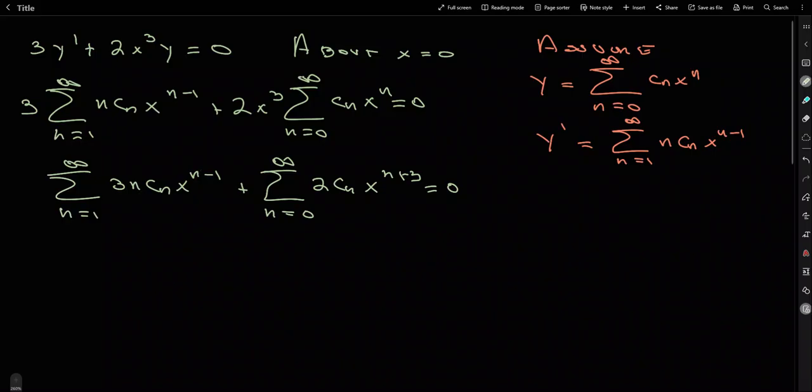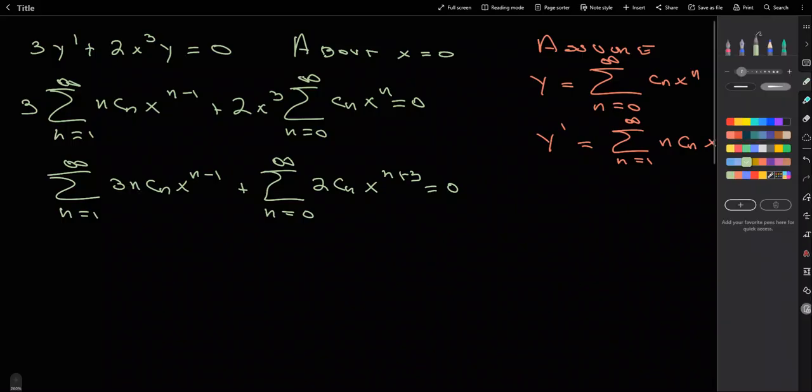Here we have an n minus 1. Now, if we ask ourselves, how many units is n minus 1 away from n plus 3? Well, they differ by 4 integers. That means if I perform a complete shifting in order to get to n plus 3, I would need to add 4 in all the n's in the series.